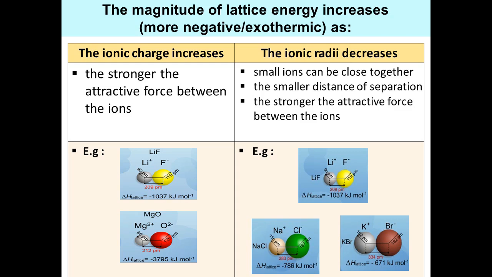For example, Li+ with F− compared to K+ and Br−. Li+ and F− are smaller ions compared to K+ and Br−. So the smaller the ion, the stronger the attraction, the higher the lattice energy. So the lattice energy of LiF is higher than the lattice energy of KBr.